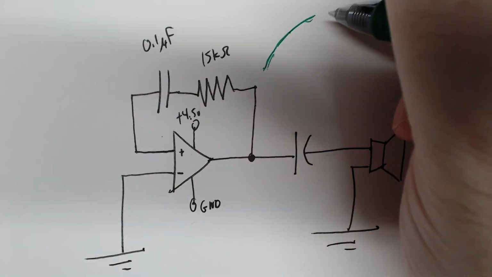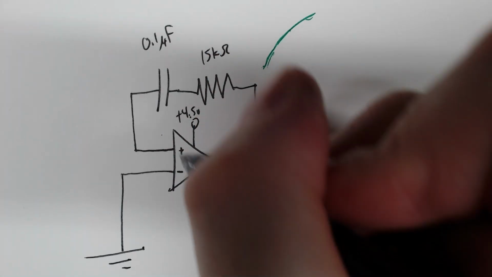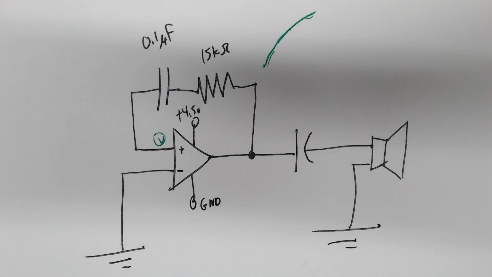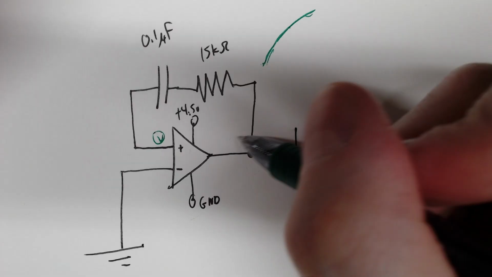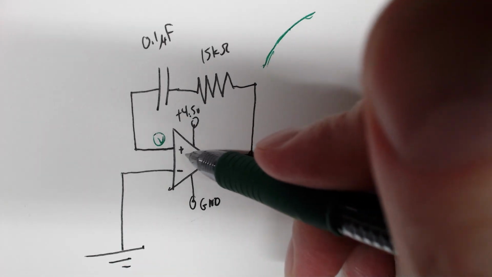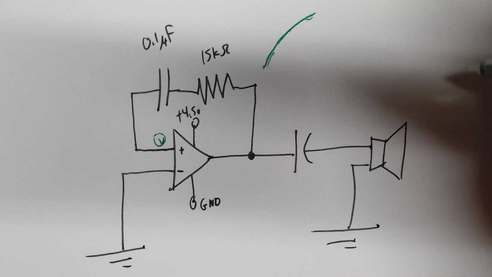When this first starts, the capacitor is going to charge up, and then we're going to start seeing a higher voltage at this point. So as that's going up, this value is going to start dropping. And eventually, this will basically get high enough to reverse the output.